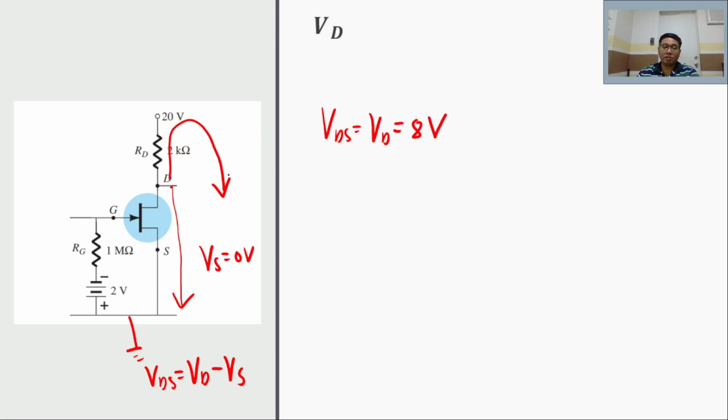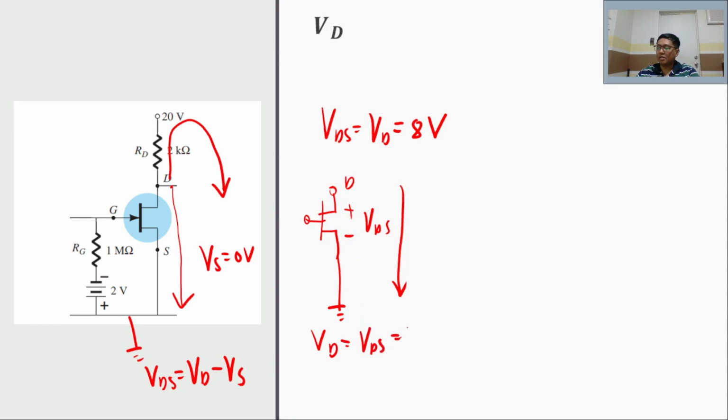But let us prove by tracing from the drain to the ground. We have first, from this point, the drain, and then we have plus minus VDS, and then ground. So from drain to ground, we're going to trace that. Write down VD equals everything that is in between the drain terminal and the ground, which is equal to VDS equals 8 volts.